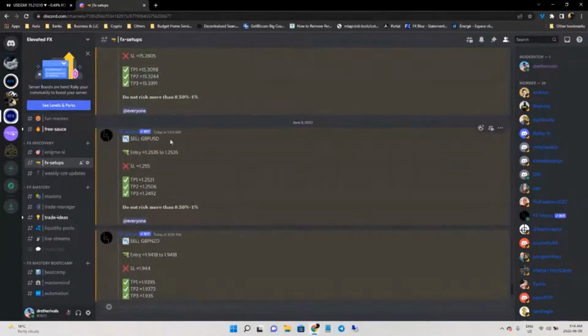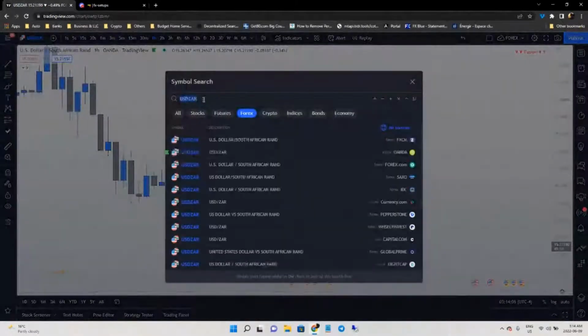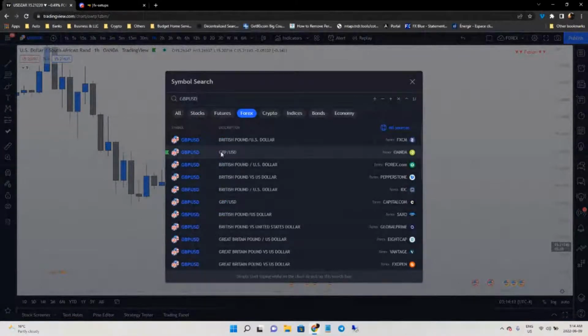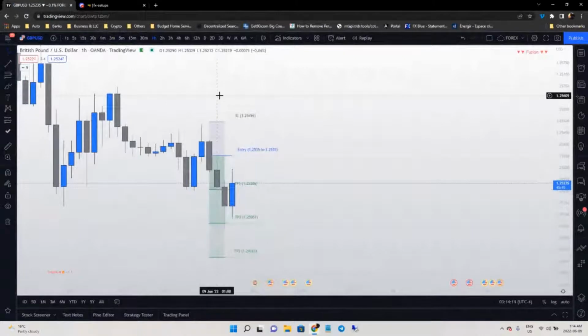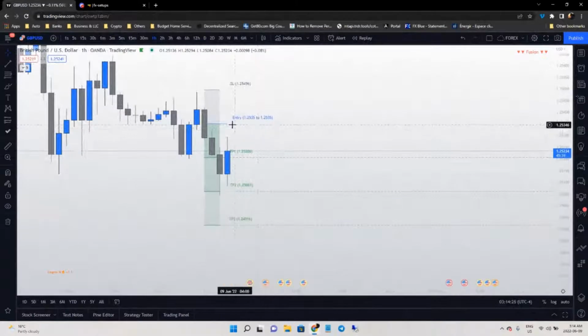So let's go back and look at other setups that we had. We had the GBP USD. Okay, so the GBP USD. That was a beautiful setup here.